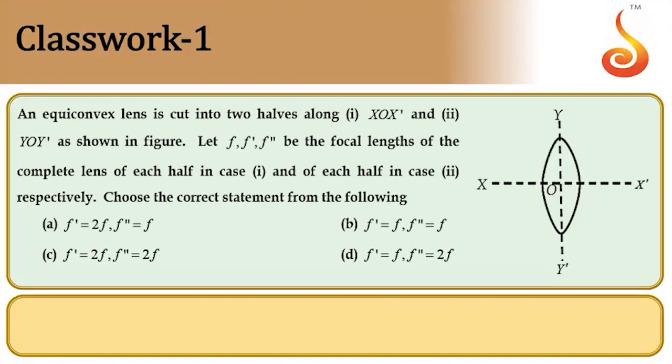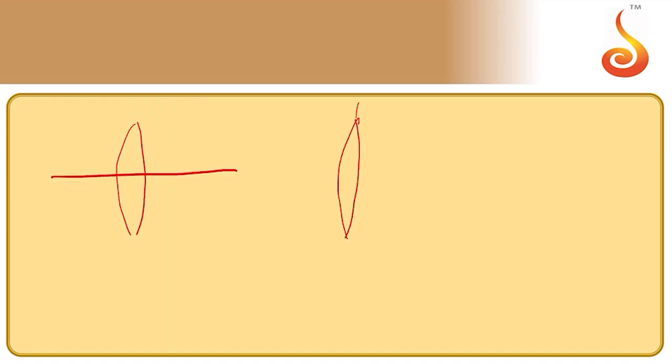Question number 1. An equiconvex lens is cut into two halves along XOX dash and YOY dash as shown. Let f, f dash and f double dash be the focal lengths of the complete lens and each half in case 1, 2 and 3. Choose the correct statement from the following. Now, in the first case, it is kept like this, and in the second case, it is cut like this.